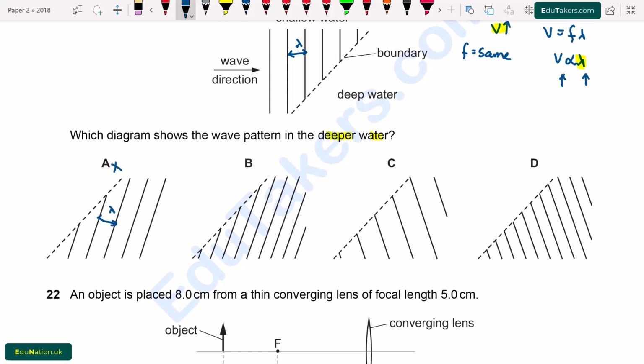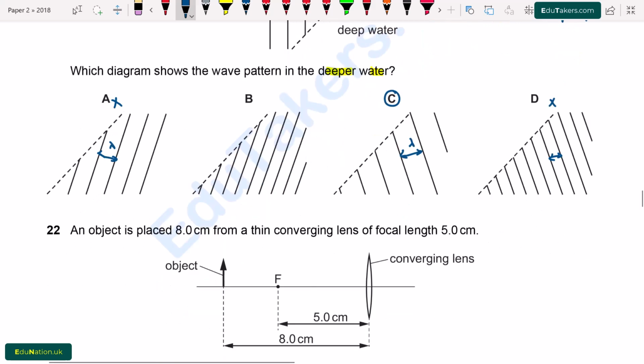So this is incorrect. In option C, we can see the distance between these two lines is larger as compared to this distance. So only option C is correct. Also in option D, the distance gets smaller, due to which this is also incorrect.